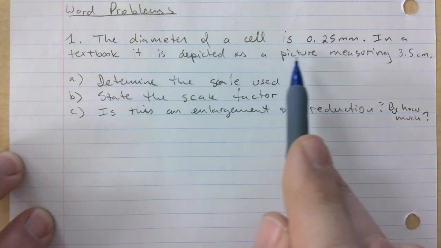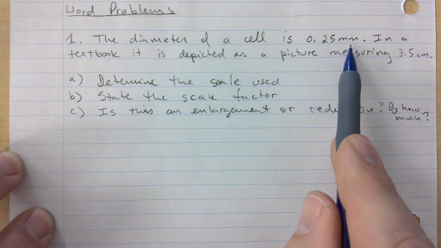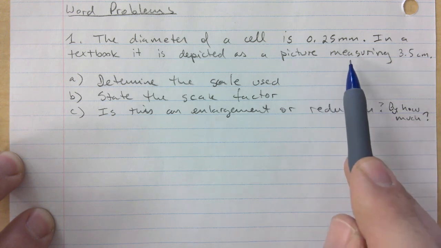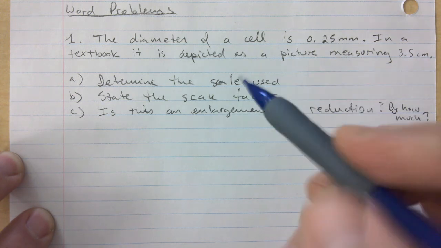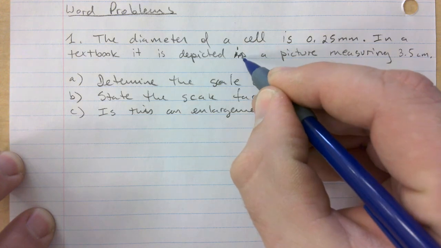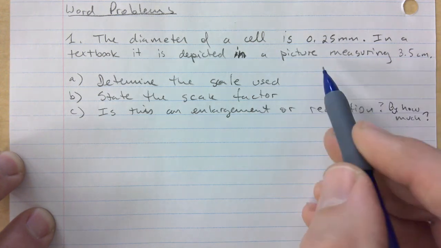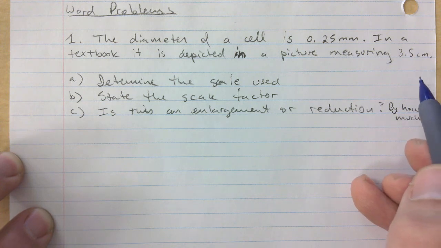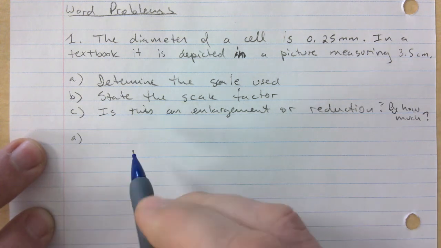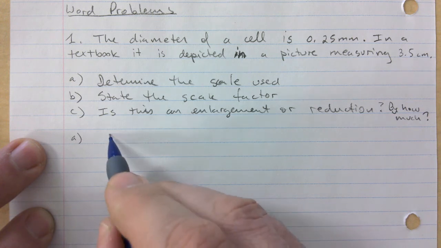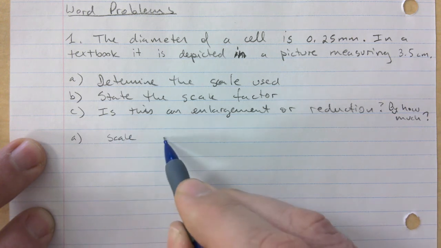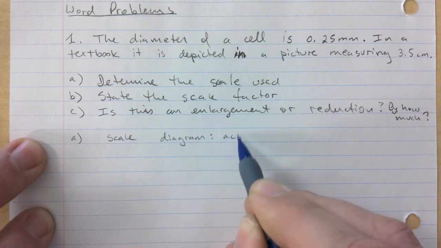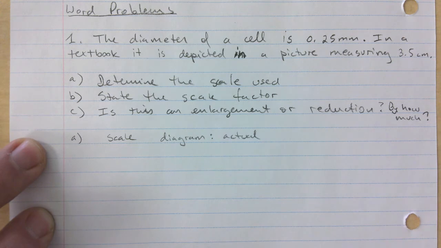The diameter of a cell is 0.25 millimeters. In a textbook, it is depicted as a picture, in a picture, I guess it should be, in a picture measuring 3.5 centimeters. Determine the scale used. So let's answer A. When we're talking scale, we want diagram on the left and actual on the right.